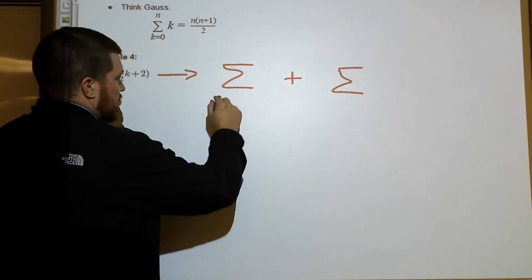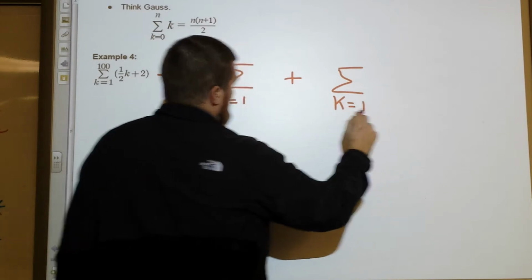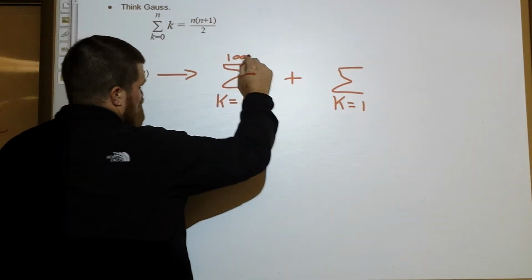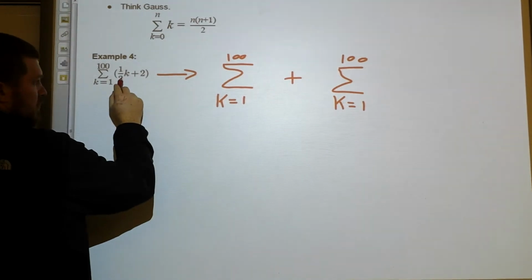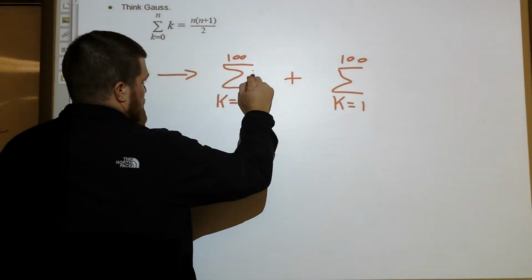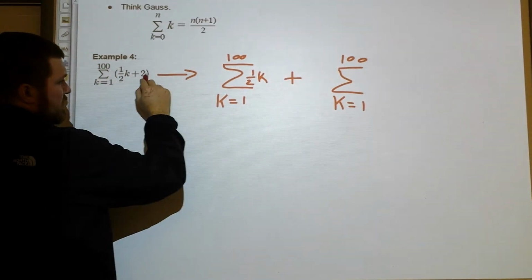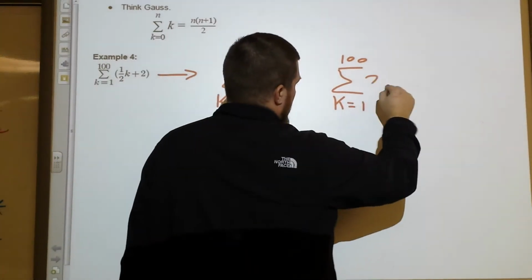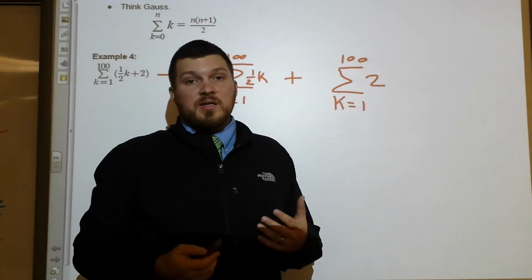Our starting value was the first term for both of these sigmas, and we're going to the 100th term for both of these sigmas. Now, the first sequence goes with the first sigma, so 1/2 k. The second sequence goes with the second sigma, so 2. And again, we have many, many identities that we've learned so far.